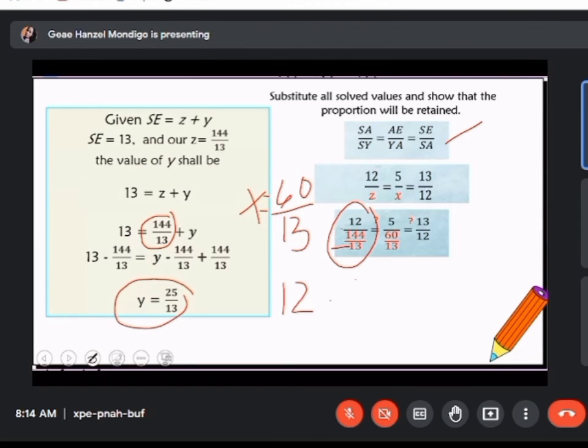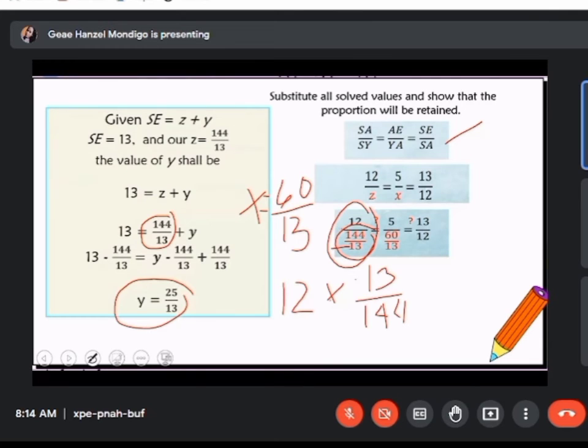Since we have a whole number and a fraction, in dividing this whole number by a fraction, we simply multiply 12 times the reciprocal of our 144 over 13. So we have this 13 over 144.